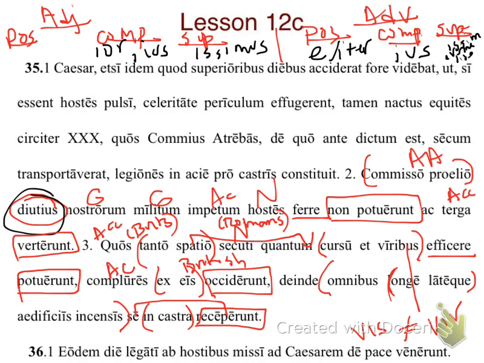Okay, then we've got an ablative absolute here. So then, with all of their buildings having been burned far and wide, and then that se in castra recipere is an idiom for they retreated into their camps.